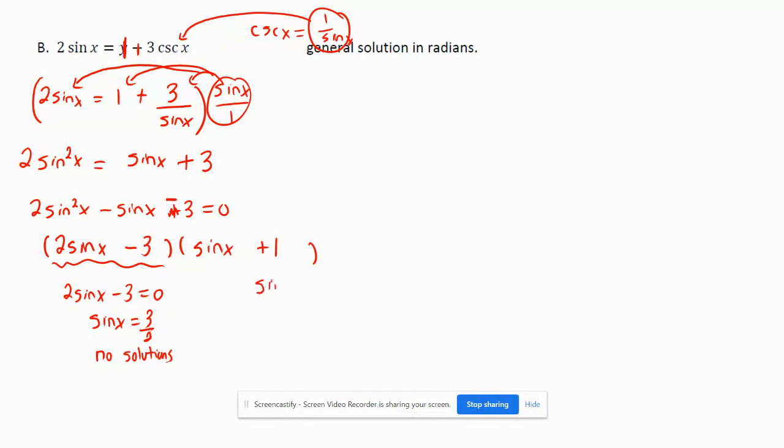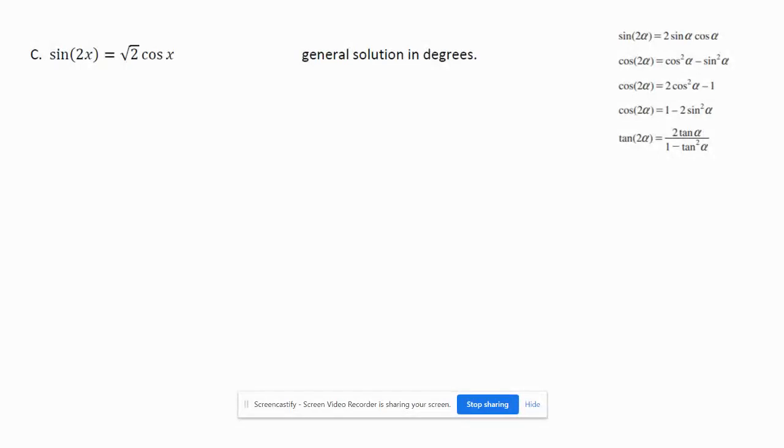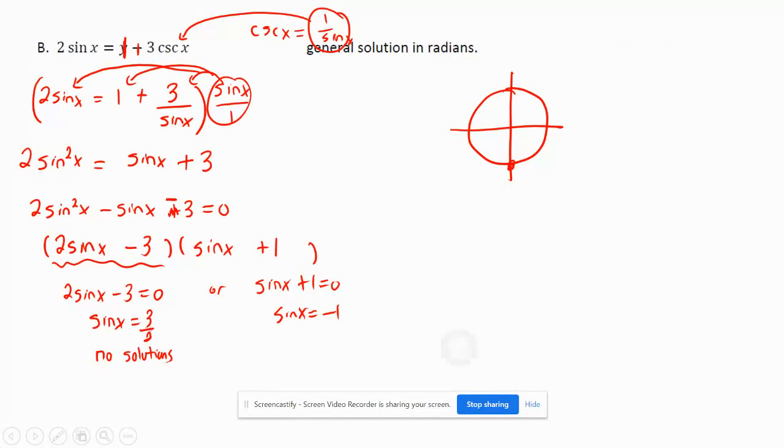And we have sine x plus 1 equals 0, and that means sine x equals -1. And that is happening at the bottom of our circle here, which is at 3 pi over 2. That means x equals 3 pi over 2. And we want a general solution in radians, and so this is our only solution.